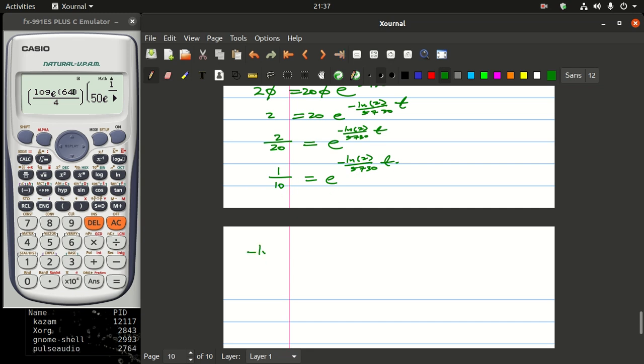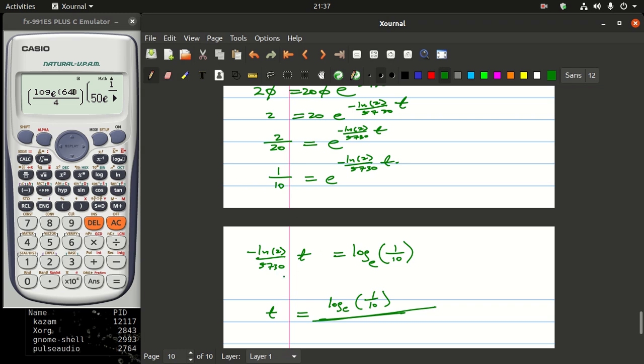So minus ln of 2 divided by 5730 t is just equal to log base e, and then I'm going to plug in 1 over 10 inside. And then of course my t here is going to be equal to log e of 1 over 10, and then all over a minus ln of 2 all over 5730.